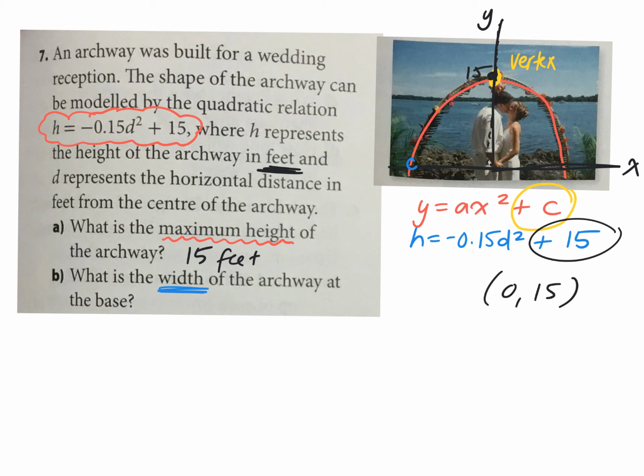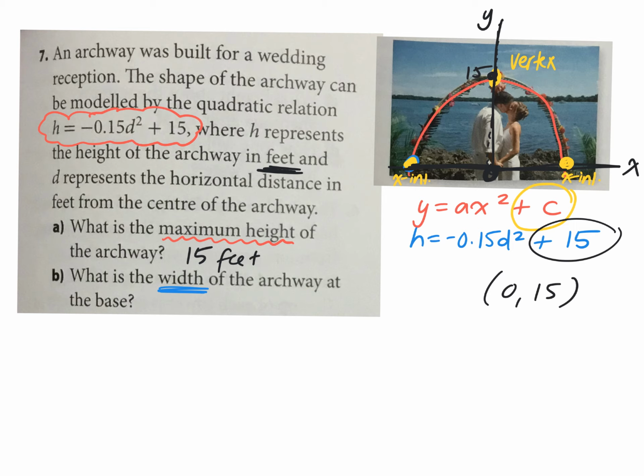If we're trying to find the width of the archway, everyone look here. If I know this point, what is this point referred to as? An x-intercept, right? If I know the two x-intercepts, then can I figure out the width? That means I know the distance from here to here, and from here to here.